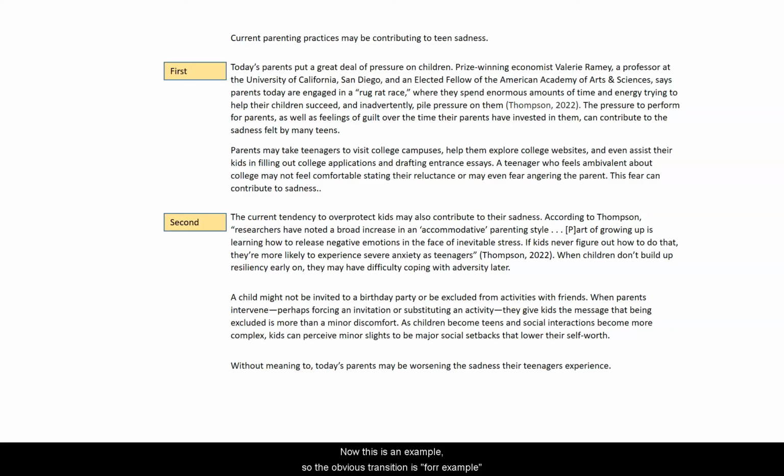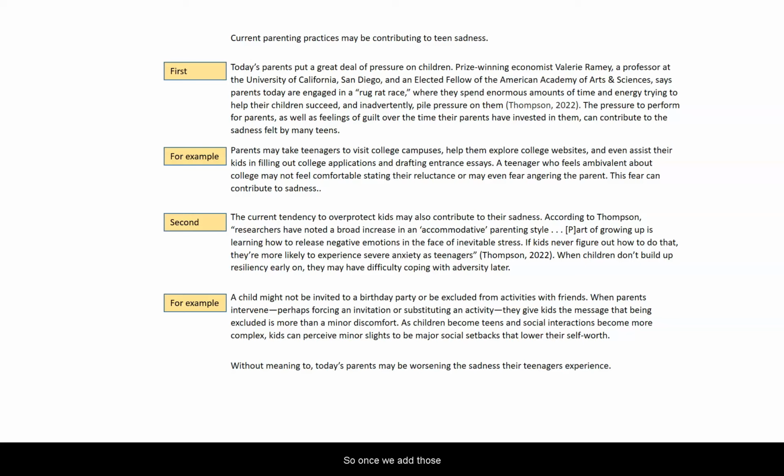Now this is an example. So the obvious transition is for example, because that lets my reader know, okay, you've introduced a point to me, and now you're giving me an example, and now you're introducing your second point to me, and now you're giving me a second example.